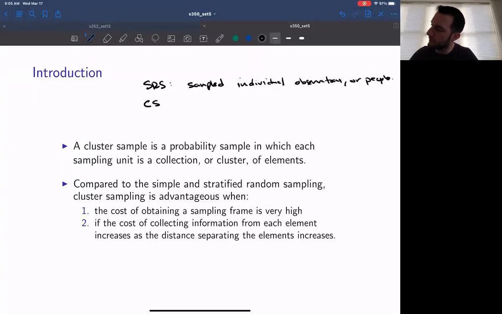But with the cluster sample, we will sample collections of observations. And that could be something like a household.